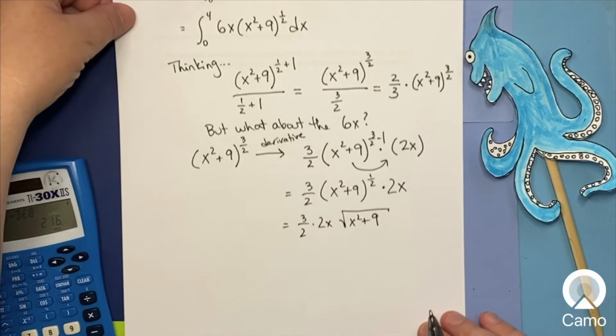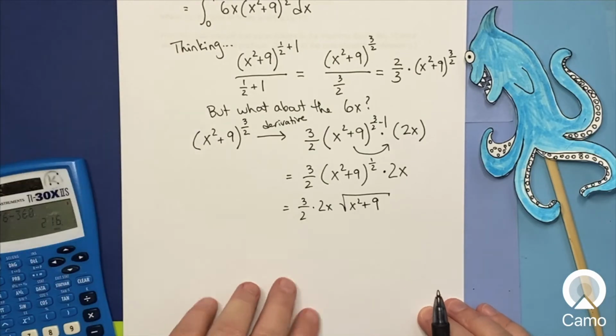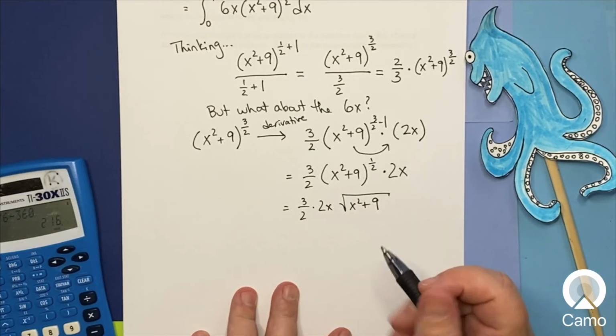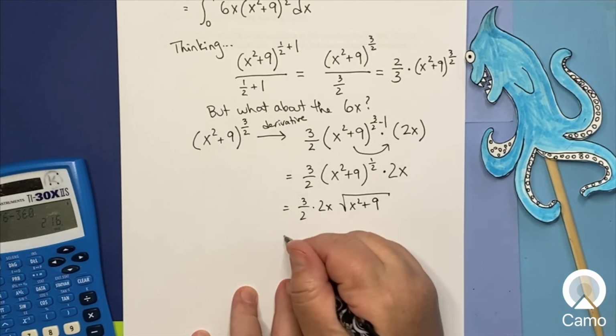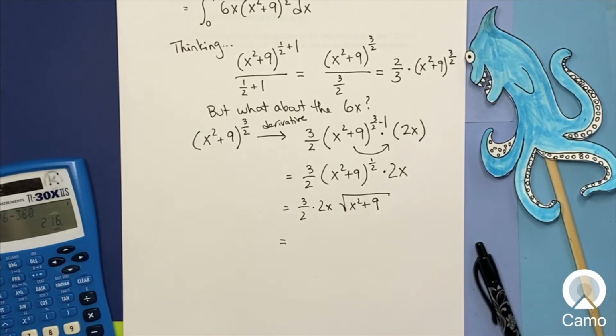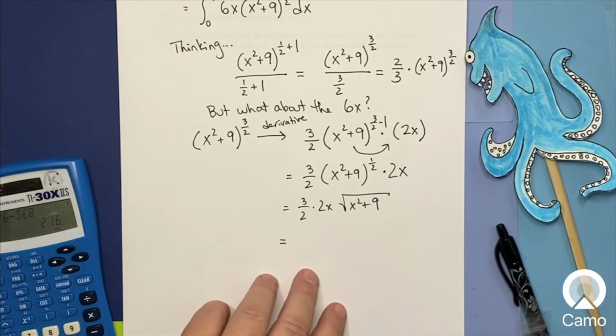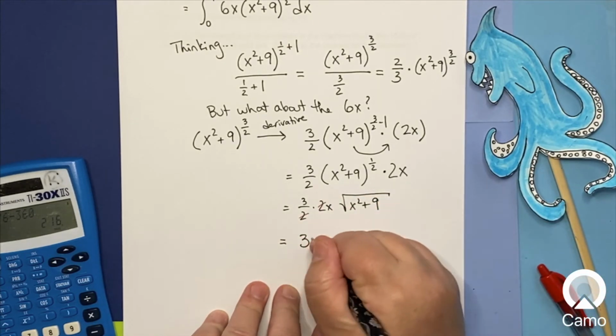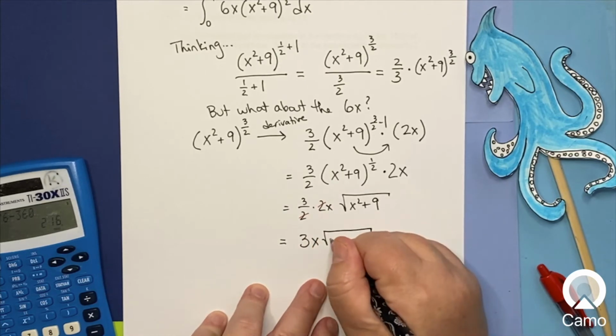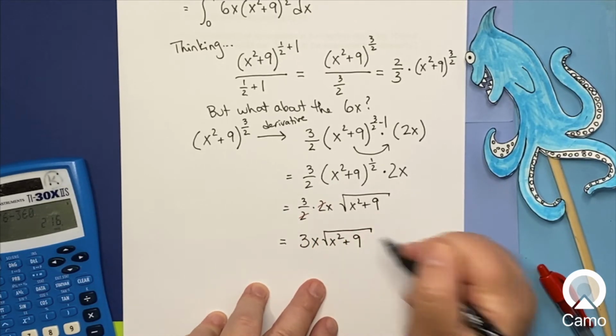So far, so good. I know this is not an easy problem, so I apologize if you're all like, oh my goodness, what is even happening here? But hopefully parts of you are going, wait a minute, I think I could do this. The 2's would cancel, and I'd end up with 3x radical x squared plus 9.